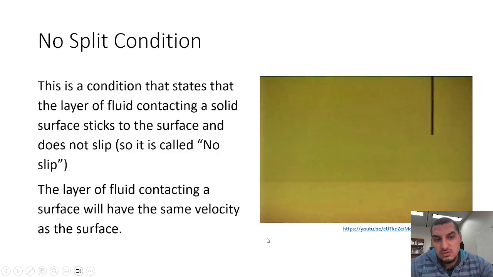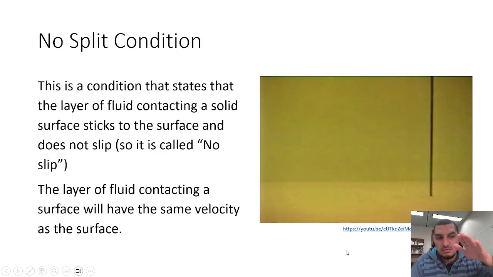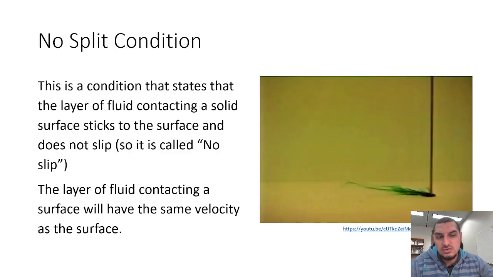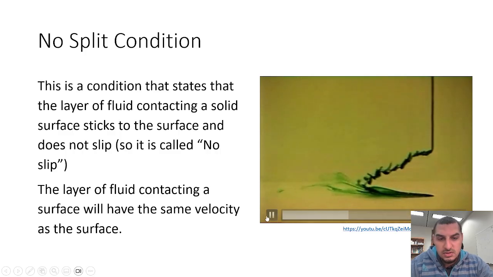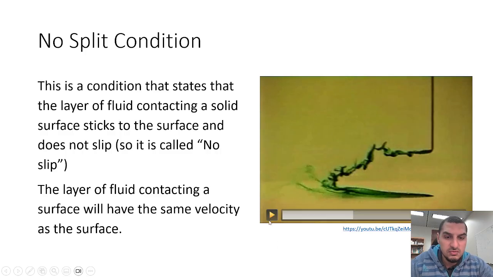So the needle is going to go down now, and this is an important part. This needle is now touching the surface. So the dye that's coming out of this needle is going to touch the bottom surface of the container. It's not just flowing; it's going to hit the surface. Of course, the liquid is flowing to the left, as you see here, because of the continuous flow that I mentioned before.